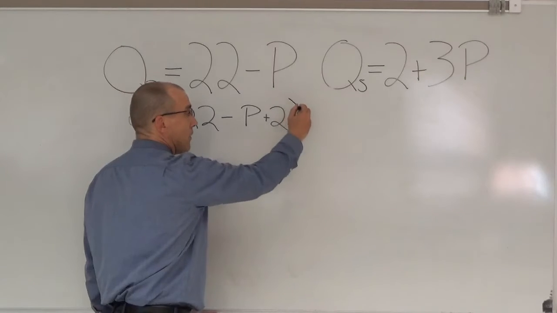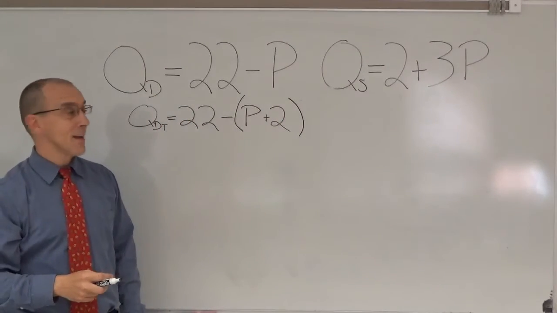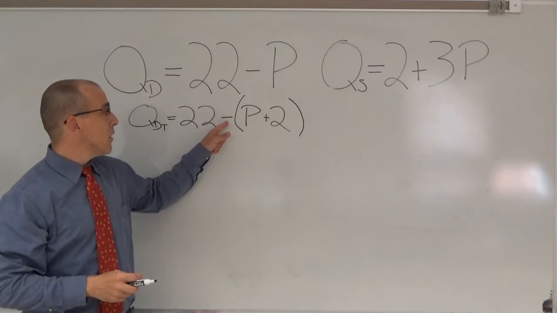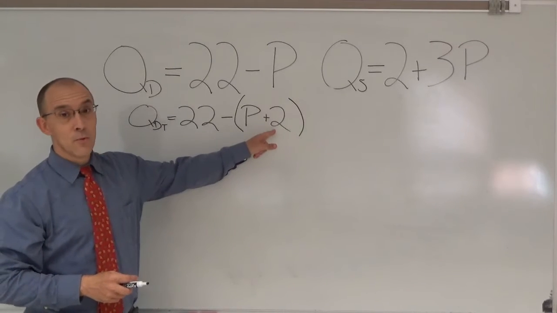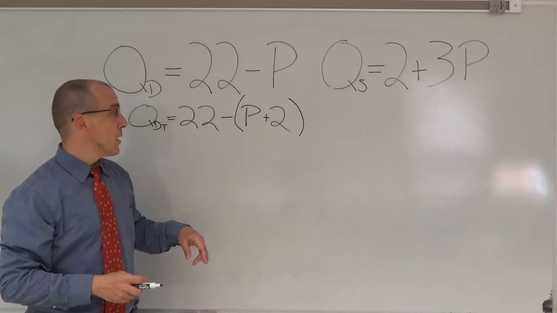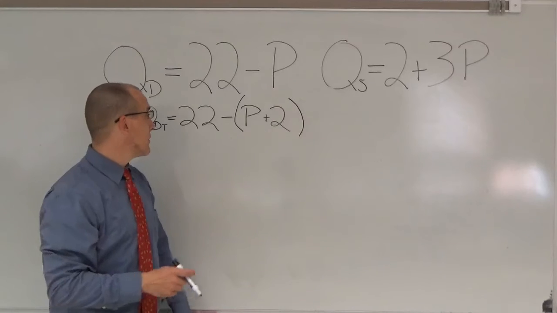It's important when solving these problems that you bracket off the price plus whatever the tax is, because of this minus sign. If you don't bracket it off, this minus sign is not going to affect the plus 2 and turn it into a minus 2. Your math is going to get screwed up, so include the brackets and deal with this part of the equation first.